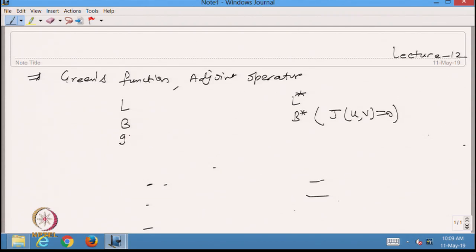That green function I represent by G, and then I can find the green function for the corresponding adjoint operator. Then I want to find the relation between G and G star, that is, the relation between the green function of the linear operator and G star, the green function of the corresponding adjoint operator.